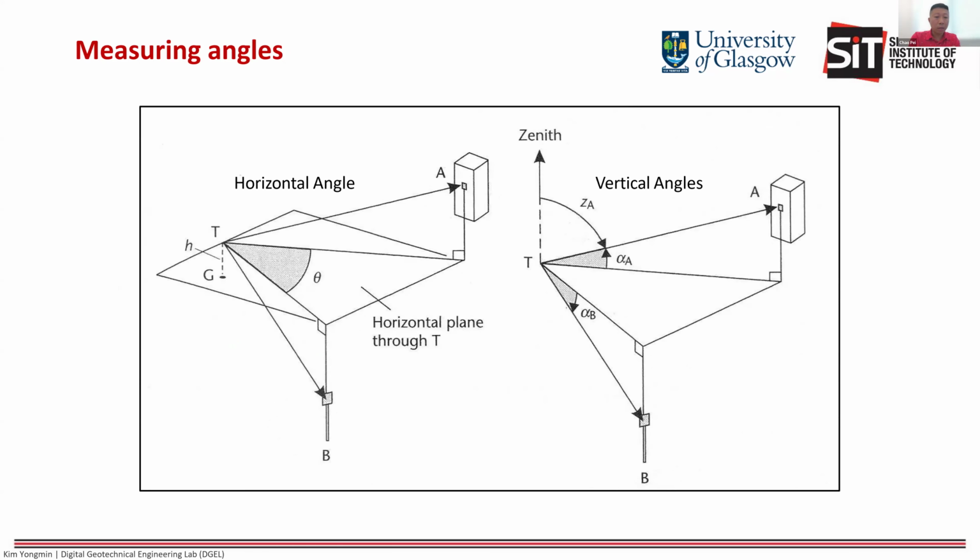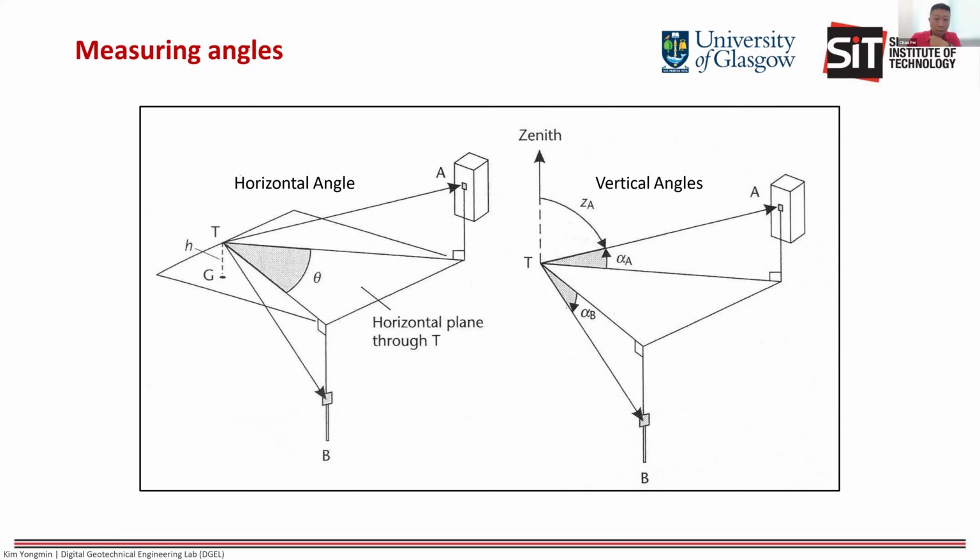When we're measuring angles using the total station or equivalent instruments, firstly, we shoot one point, the target, which is understood as a station. Then you will have its coordinates. After that, you will turn horizontally first, then turn vertically to shoot another target or prism, which is point B in this drawing.